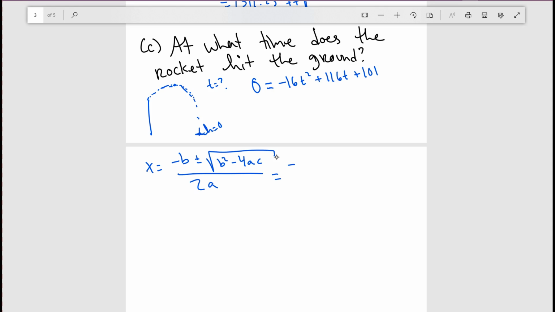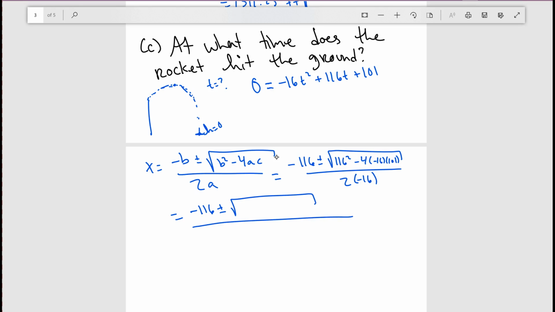I'm going to get negative 116 plus or minus the square root of 116 squared minus 4 times a, which is negative 16, times 101, divided by 2a, which is negative 16.